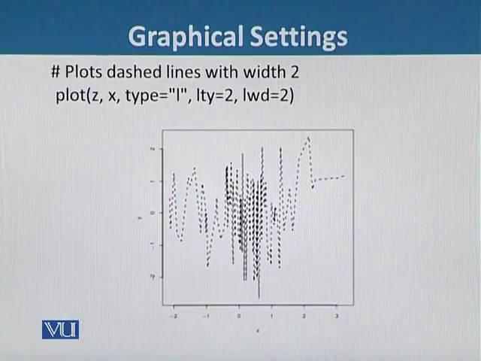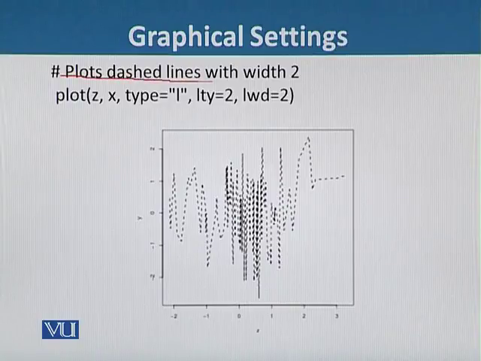We can use these two arguments to change the style of the line. If we use lty and lwd, then we have to write the command plot with lines, type l, lty 2, and width 2. It means we have given the command that the plot should have a dashed line and the width should be 2.